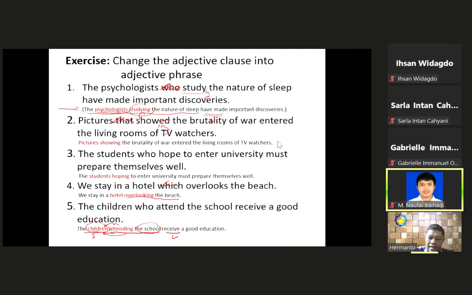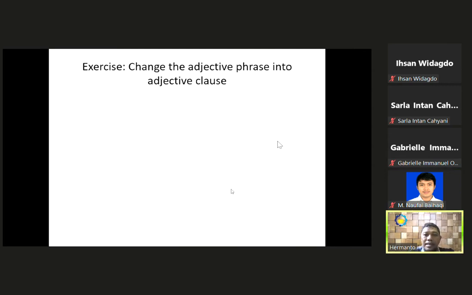Okay, now let's continue to the next slide. All right, what is it? Now, please change the adjective phrase to adjective clause. In this case, you have to recognize the adjective phrase in the sentence, and you have to change it into an adjective clause.